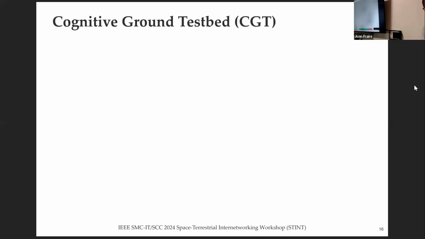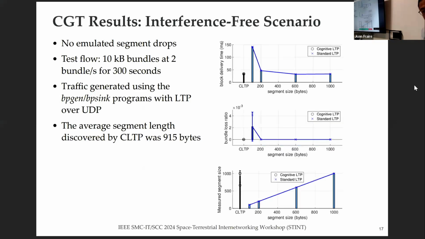Now moving to the cognitive ground test bed. I think something happened with my slides, so I'm just gonna keep the slide with the results. But this is a system that Rachel presented before, and basically consists of SDR radios, and there is a channel propagation emulator, which provides reasonable realism in terms of the signal transmission.